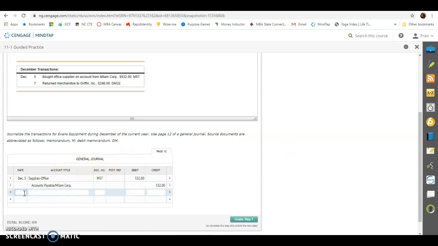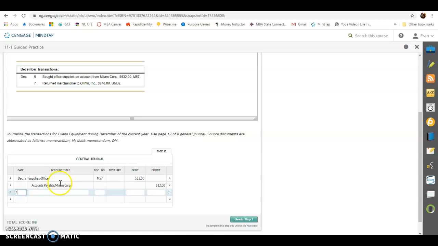The next one is return merchandise to Griffin Incorporated, $248. Well, when we return merchandise on an accounts payable, it's going to be the exact opposite journal entry as if we had bought it.